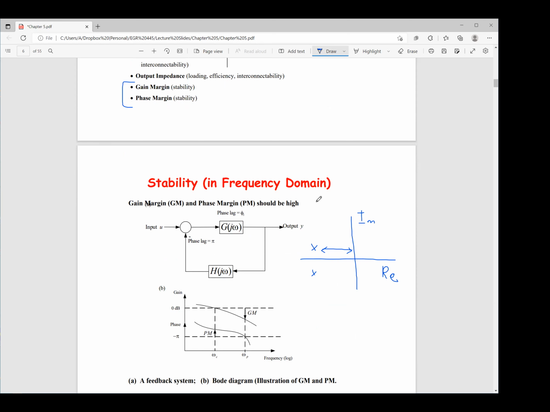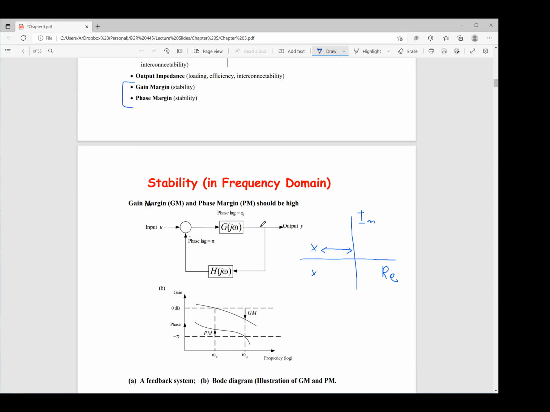But in this first class, as an introduction, I want you to understand that stability in frequency domain is similar to the stability in time domain. In time domain, the stability is governed by the eigenvalues, and in frequency domain, the stability is given by the poles of the transfer function.